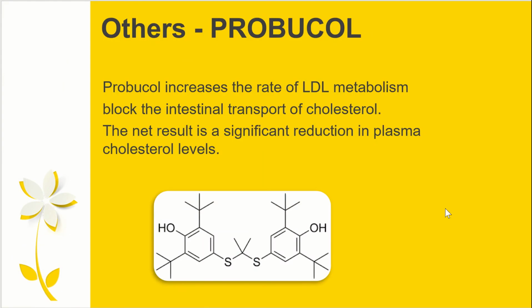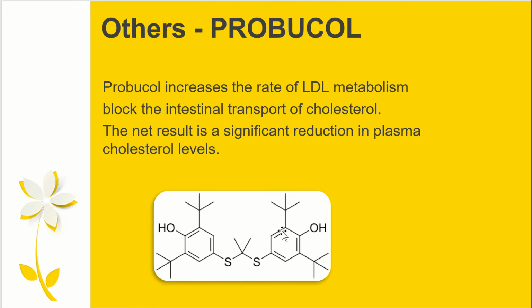All right, so another type of LLD, probucol, increases the rate of LDL metabolism. It blocks the intestinal transport of cholesterol. The net result is a significant reduction in plasma cholesterol levels, right?